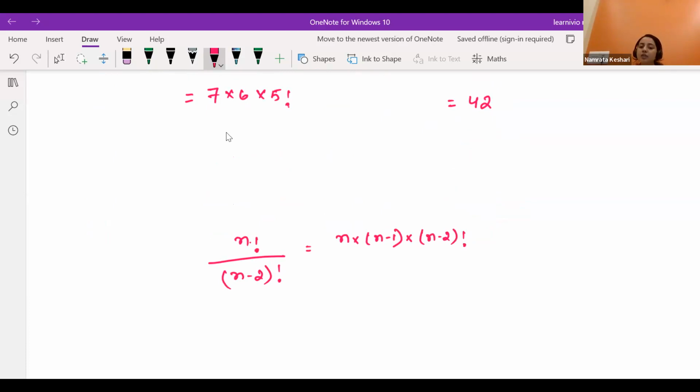Yes or no? Yes, ma'am. Okay. And in the denominator also we are having n minus 2 factorial. We can cancel them out and we are just left with n multiplied with n minus 1. Getting it? Yes, ma'am. Okay. So let me take one question from factorial.